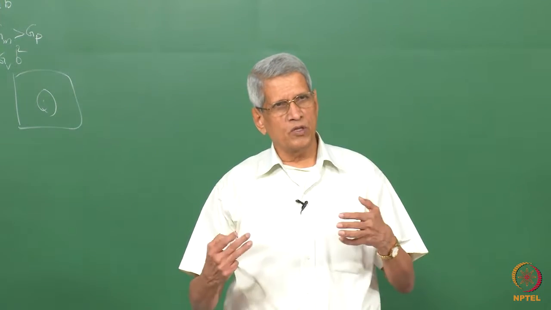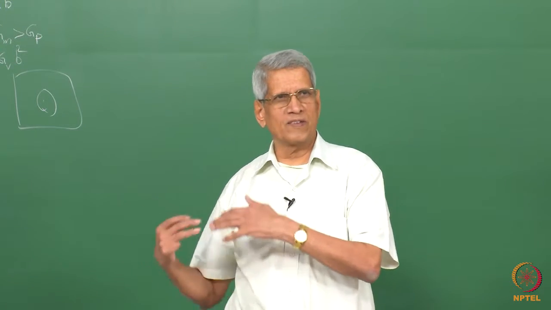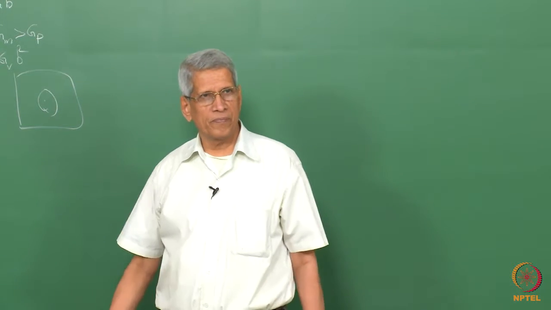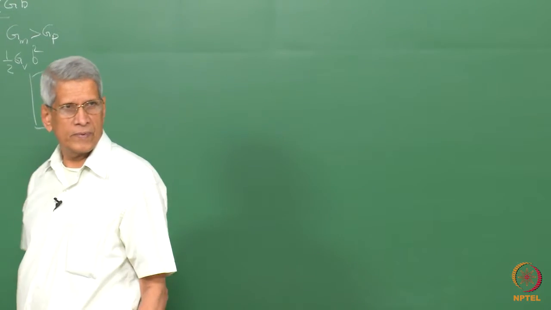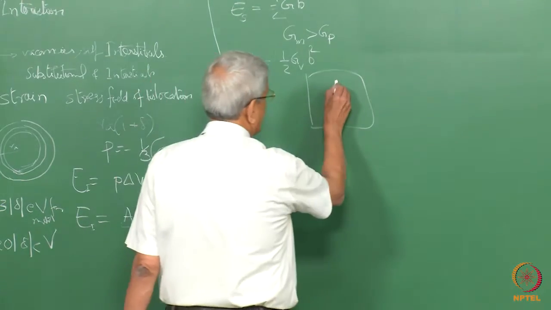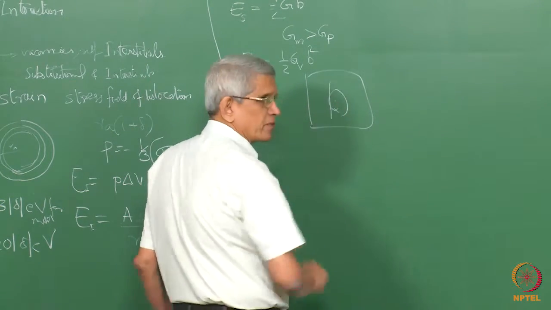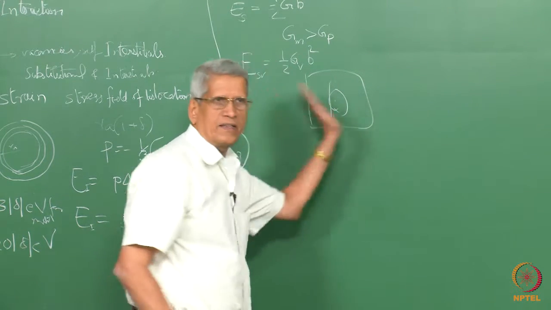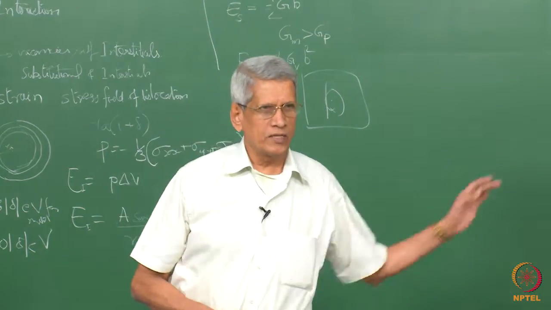So it would always prefer to be away from it. So there's a sort of a repulsive force which will be acting when they come close by. So as the dislocation tries to enter here, there will be a repulsive force, it will try to keep away, whereas in the other case it is attracted towards it. So the interaction energies are different.